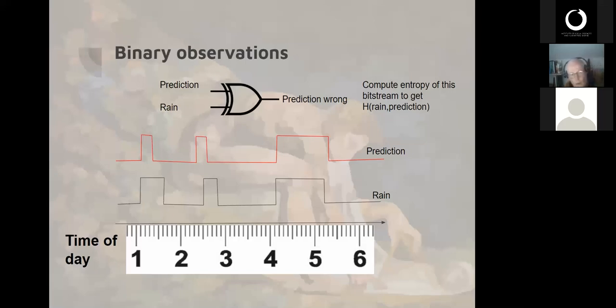Because what you'll get is that there'll be long periods when the predictions are right and just occasional blips when the prediction is wrong. And in principle, if you have any bit stream which has a non-equal probability of zeros and ones, then you can apply a compression algorithm to it and reduce the amount of information. That reduced amount of information is the entropy of one given the other.